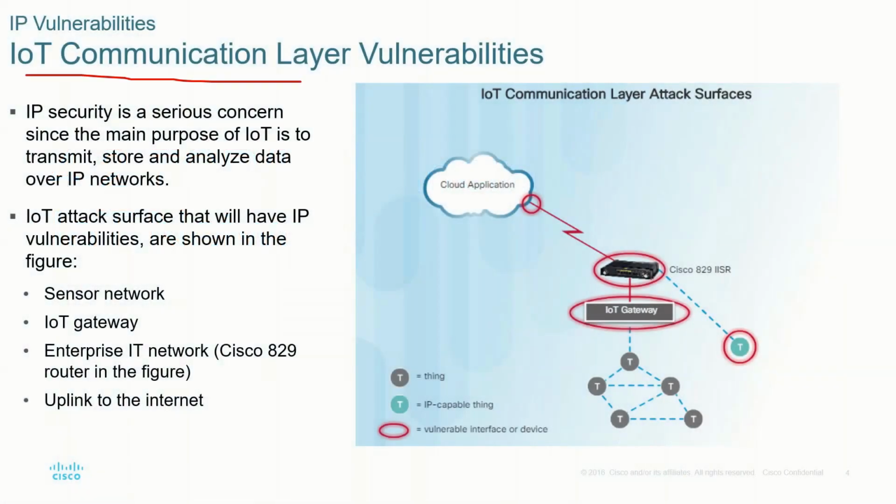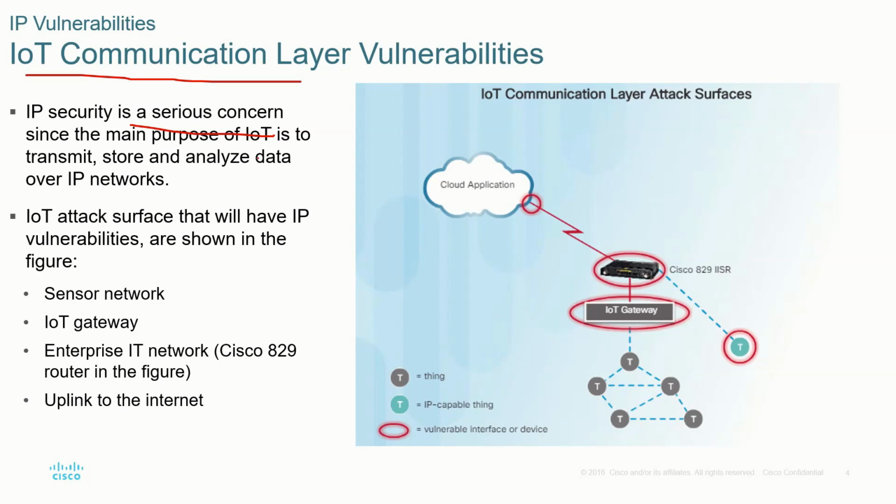So TCP/IP, when you have an architecture like this, for IoT communication you typically have various portions. IP security is quite important because most of the IoT devices, as we've covered earlier on, have a device, which is a thing, and we have the internet. So it's Internet of Things, correct?